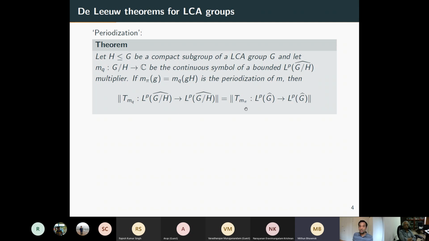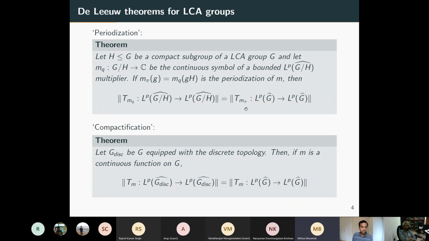So in particular, this lets you go from multipliers on R to multipliers on the unit circle, if you have periodic multipliers, periodic symbols.